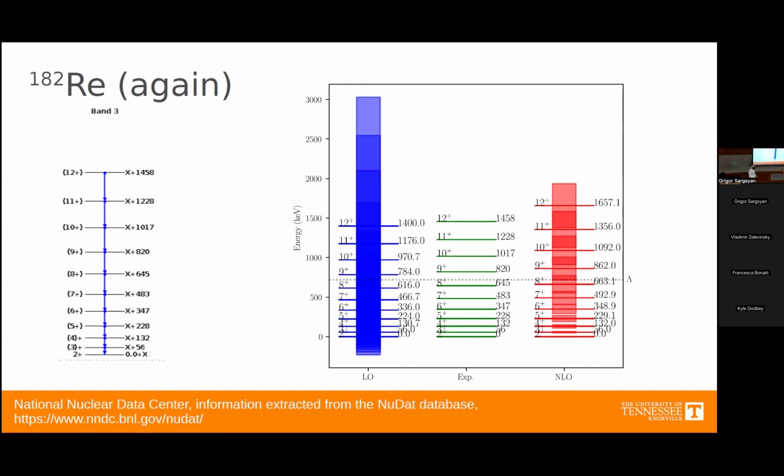So we can consider this as an isolated rotational band. So we have here our leading order description, starting at the 2+ state at the bottom. And we can see here our breakdown scale.